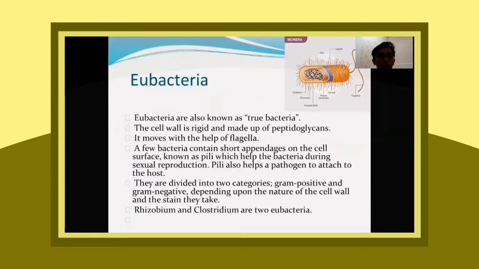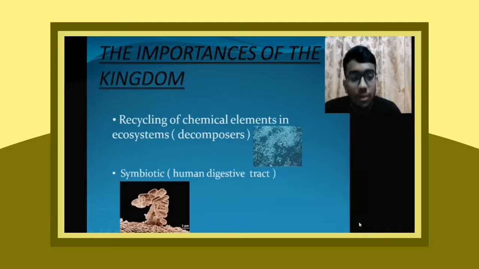Eubacteria are divided into the categories gram-positive and gram-negative, depending upon the nature of the cell wall and the stain they take. Examples of eubacteria are Rhizobium and Clostridium.